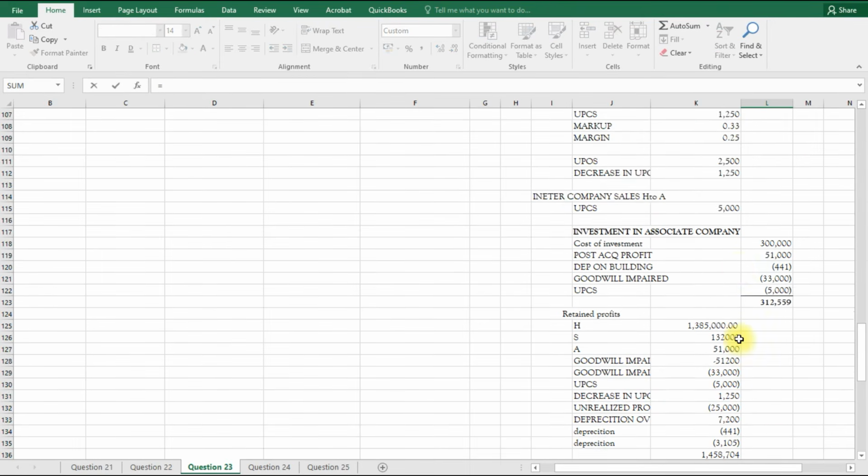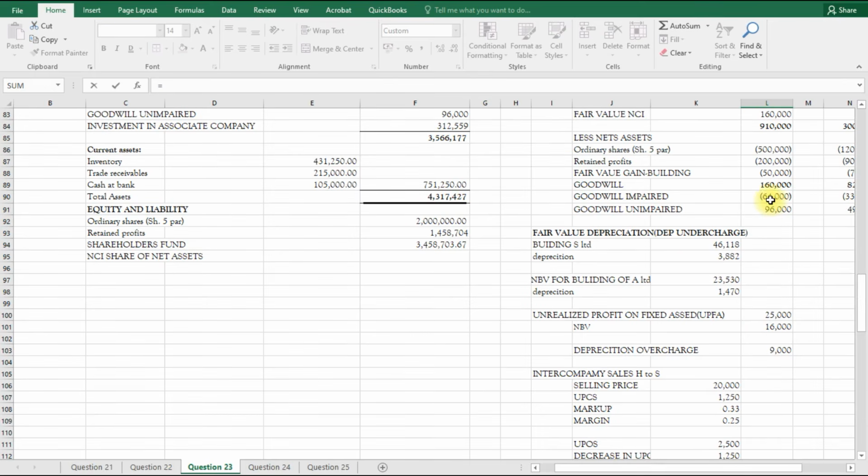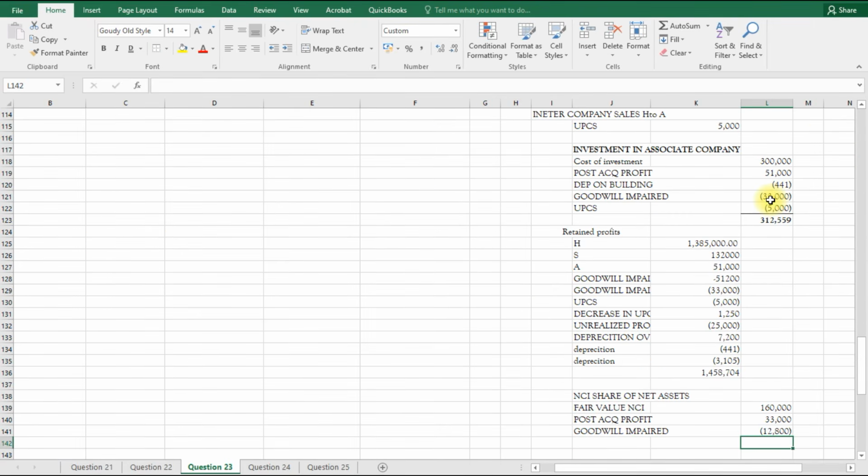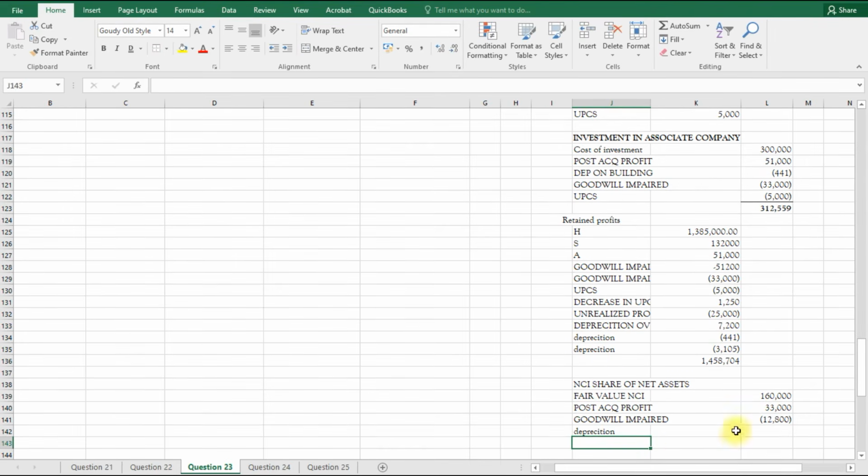Now goodwill impaired, I'll take 64,000 and multiply by our 20% share, which is 12,800. I'll take the fair value depreciation, our fair value depreciation here.